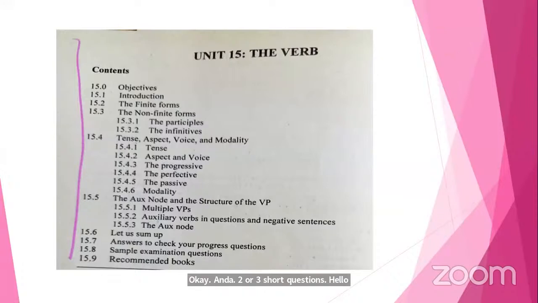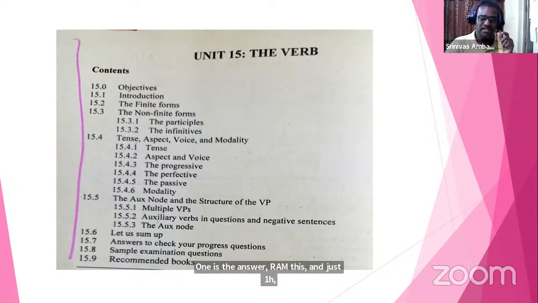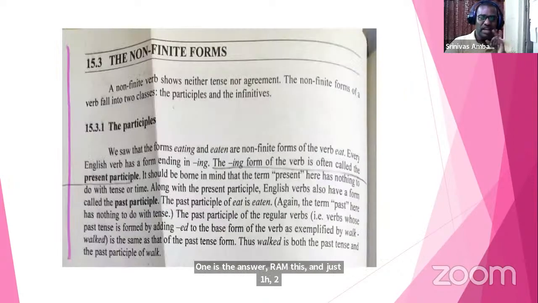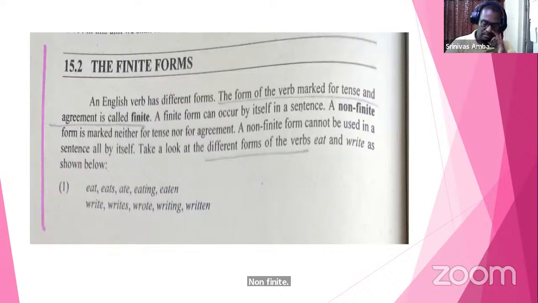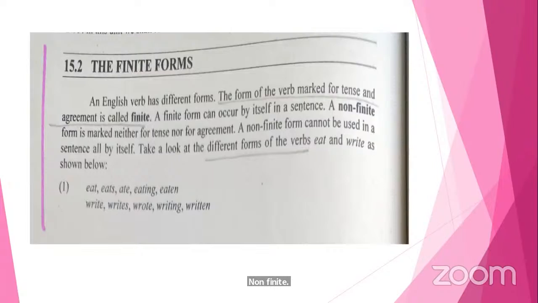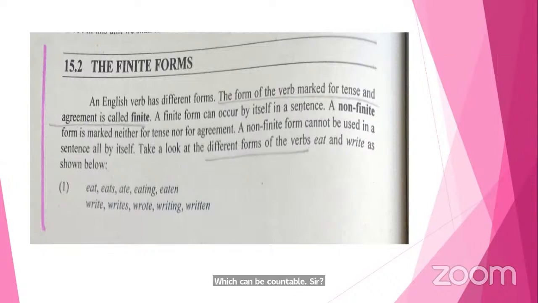So for every unit, you should decide that this seems to be important. Definitely one essay answer from this, and one or two short questions. Finite first: finite means countable, it has an end.